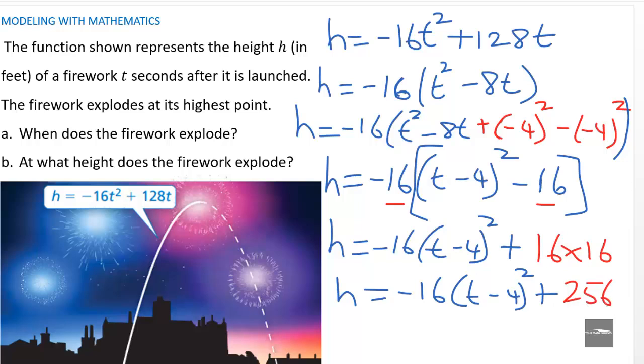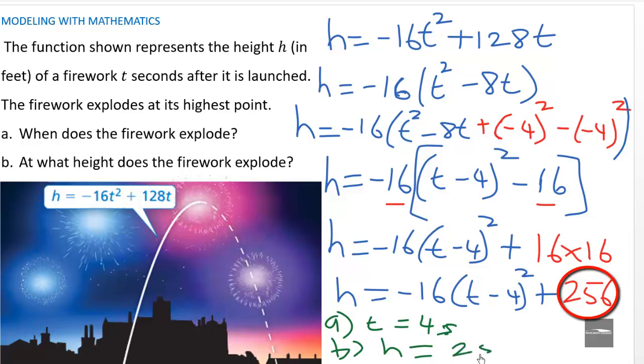So after 4 seconds, or when t is equal to 4 seconds, the firework explodes. Then the highest height occurs at 256 feet.